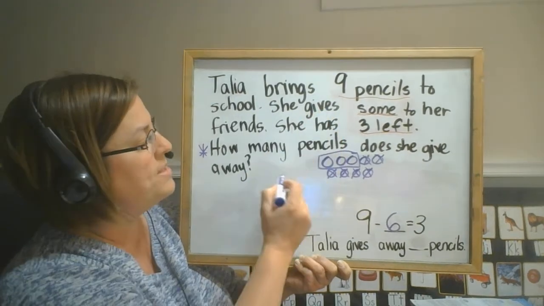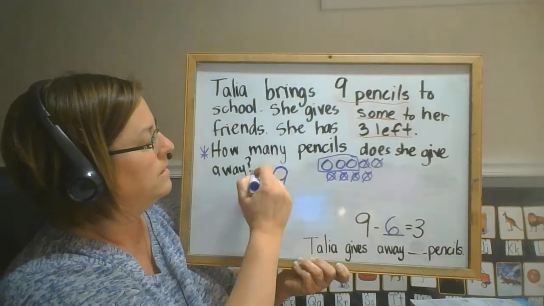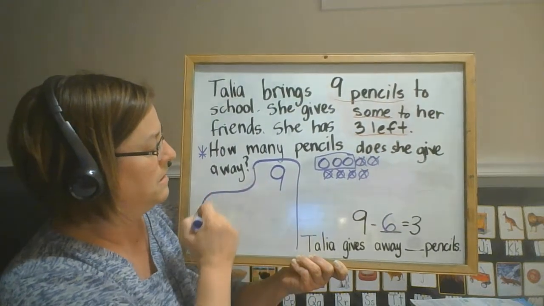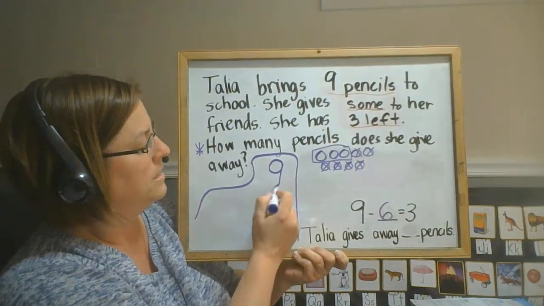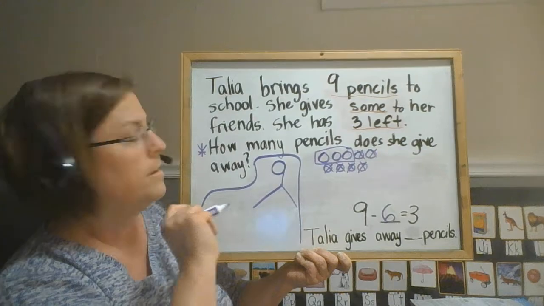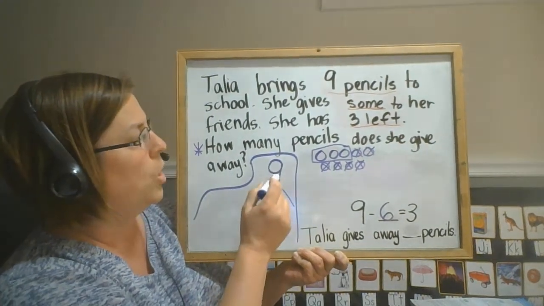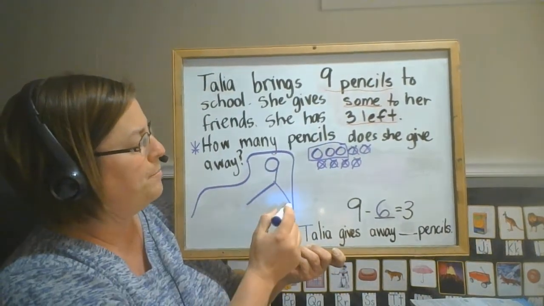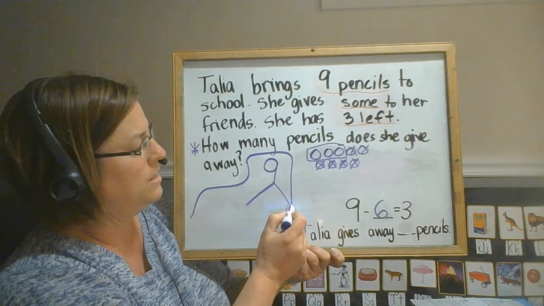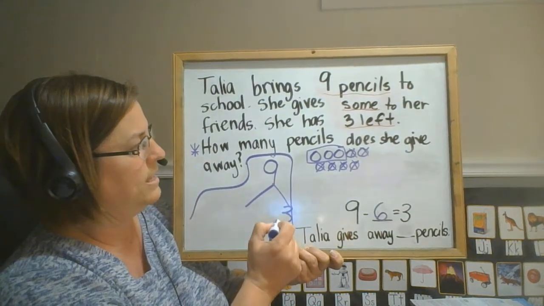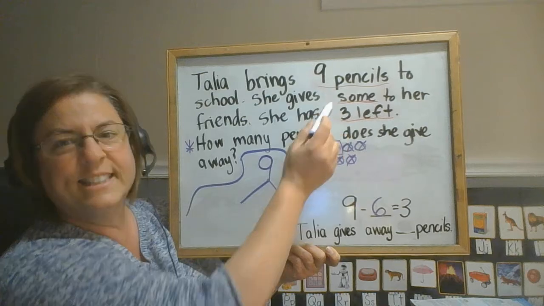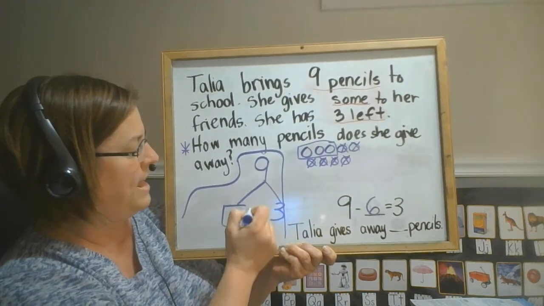So we start with 9. And remember the part to part. So we've got the whole, that's 9. And then part of it we know is 3. And then the other part is some, and we don't know how many that is.